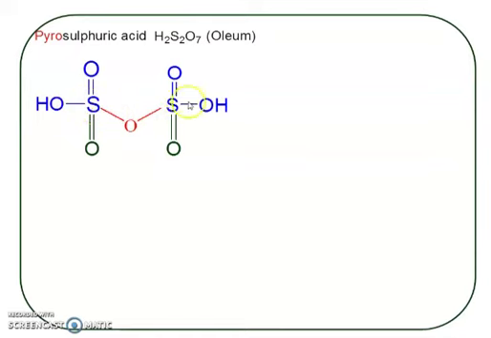In this way, for the second sulfur also there are 6 bonds, 2 double bonds and 2 single bonds. Okay, and this is the structure of pyrosulfuric acid. Remember, in pyrosulfuric acid, 2 sulfur atoms are joined to each other by oxygen, and this is the pyro linkage.